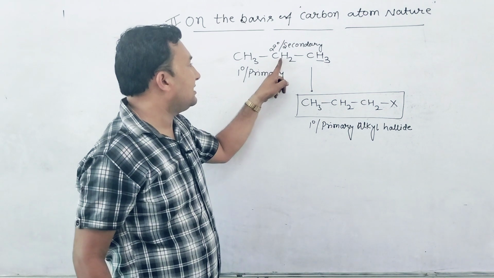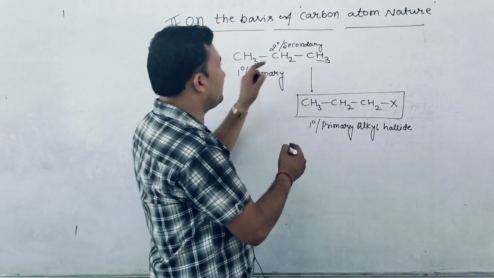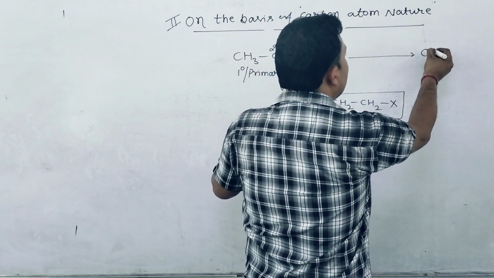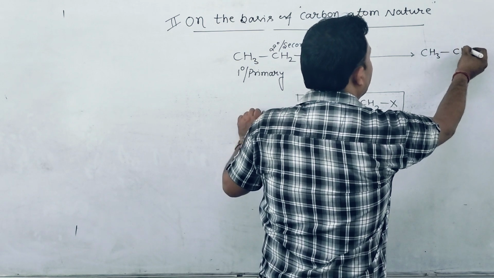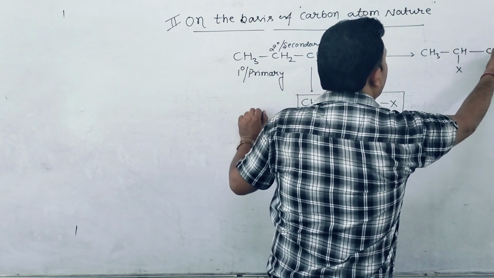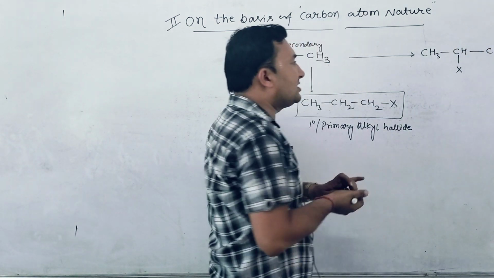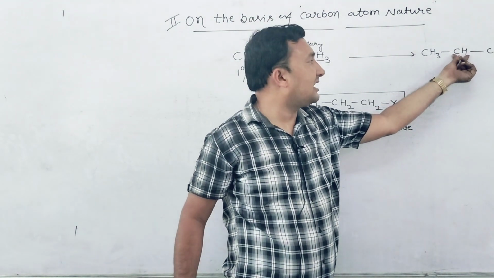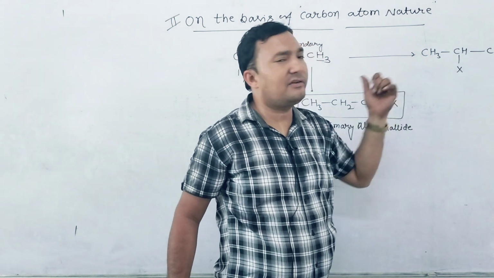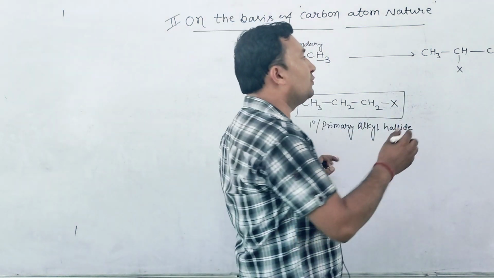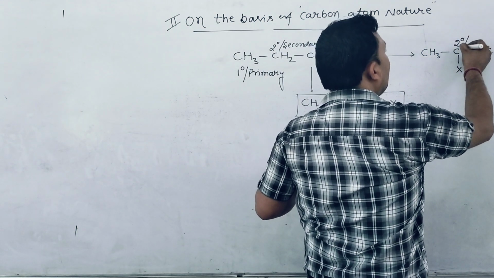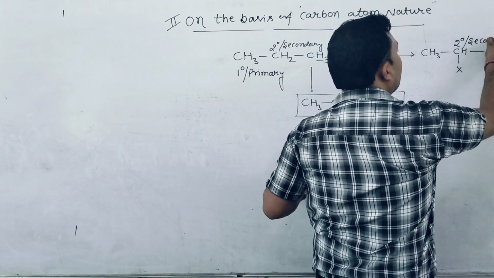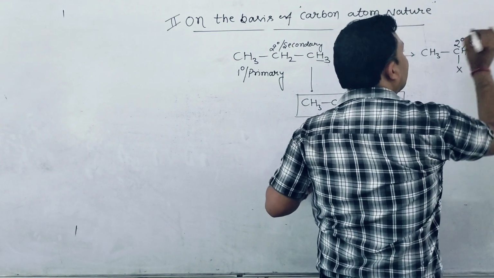Suppose that you are replacing the middle hydrogen, I mean this one, then your result will be CH3, CH, halogen attached over here, and CH3. If you are watching this particular compound, here the halogen atom is attached to this carbon, and this carbon is having two neighboring carbons. So whenever we are in such a situation, we call it 2 degree, or secondary carbon.